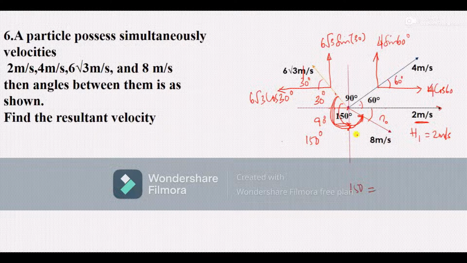So 8 meters per second makes 30 degrees with the vertical in the downward direction.